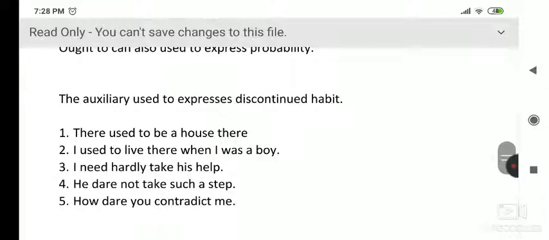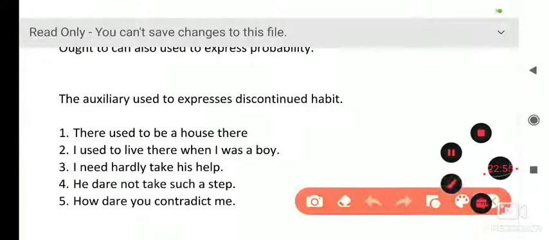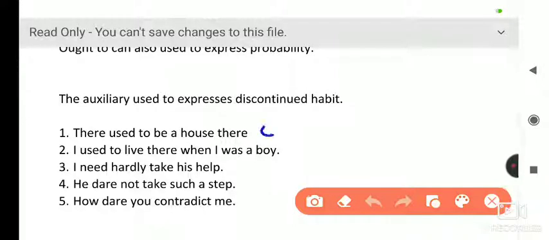The auxiliary used to expresses a discontinued habit. There used to be a house there. In this sentence, used to expresses the discontinuation of the house.